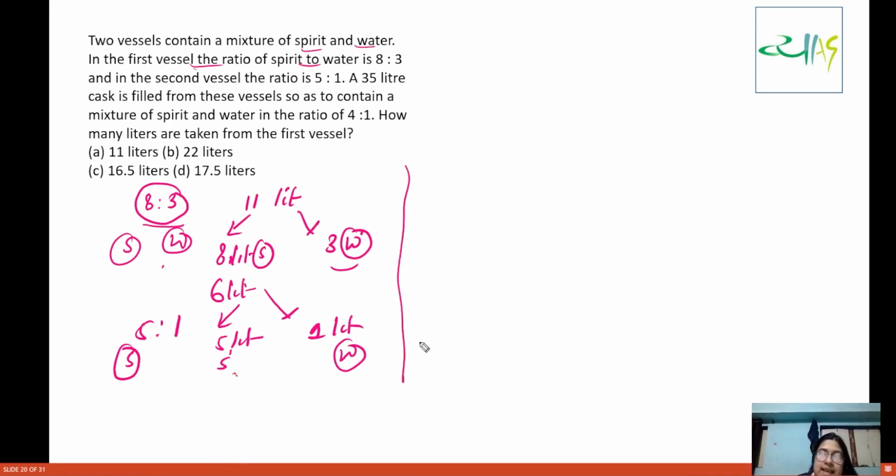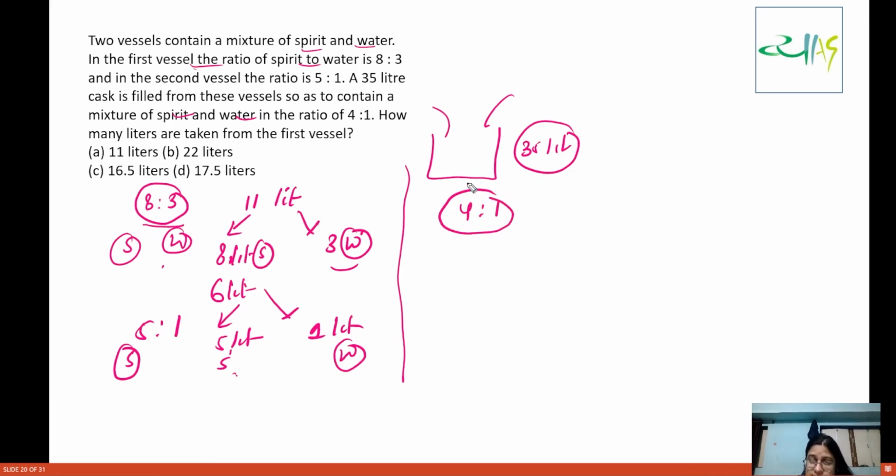Now it is saying I have filled these two liquids in a cask which is of 35 liters. The ratio of the mixture here is 4 is to 1. So 4 is to 1 is what?